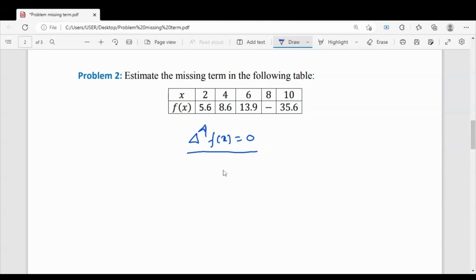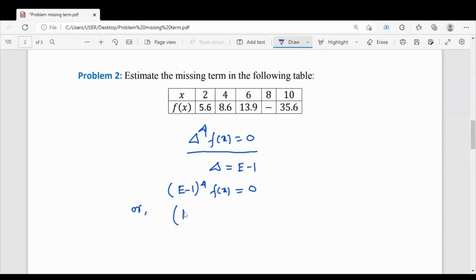Now as similar, we know delta equals E minus 1. So if we put delta equal to E minus 1, we can write (E minus 1) whole to the power 4 f of x equal to 0. Similarly, we expand this binomially.